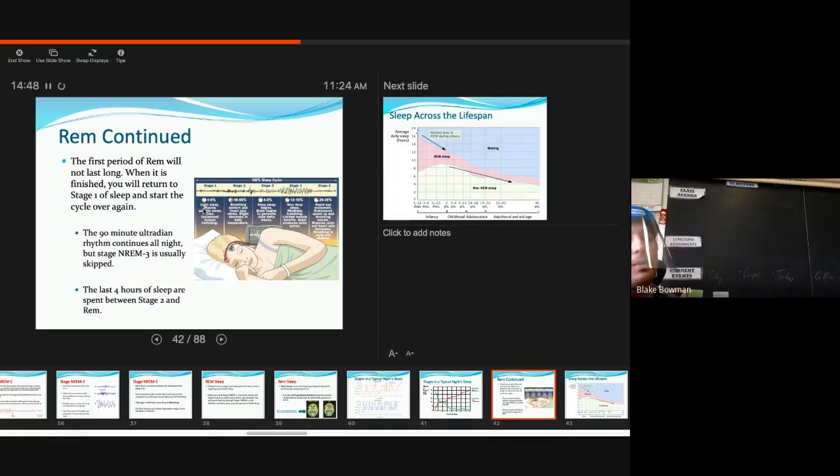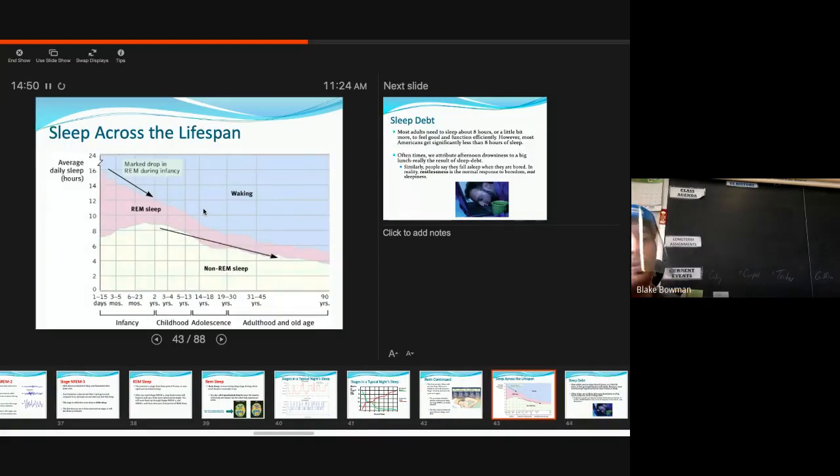In infancy, we reach REM a little bit more, with more vivid dreams. We reach a deeper sleep when we're younger. As we grow older, we don't reach stage 3 nearly as often, and we don't have these dreams that we remember. It's just a part of the stages and a part of our life and development.